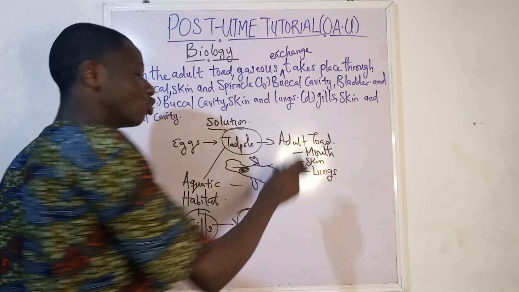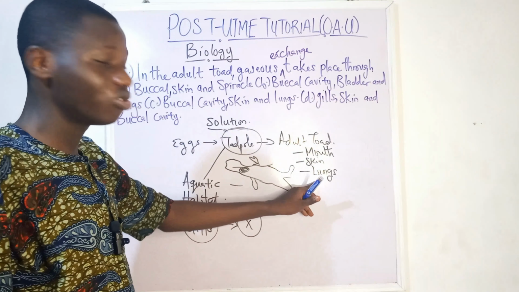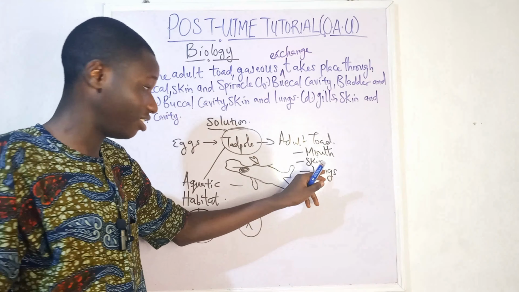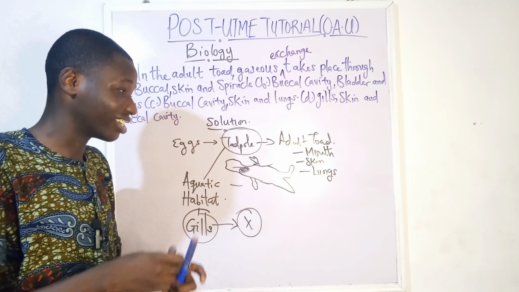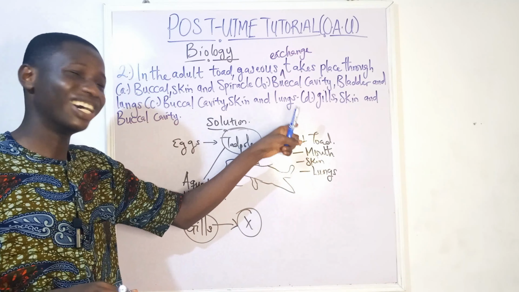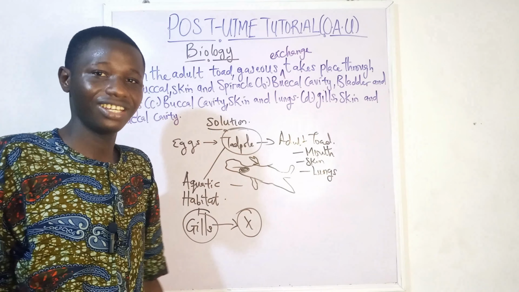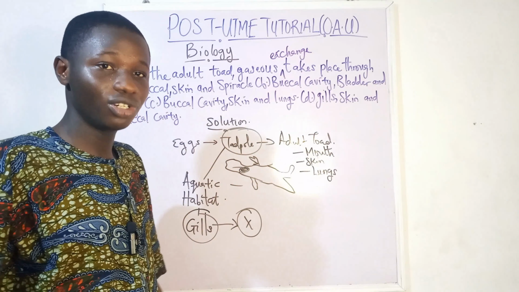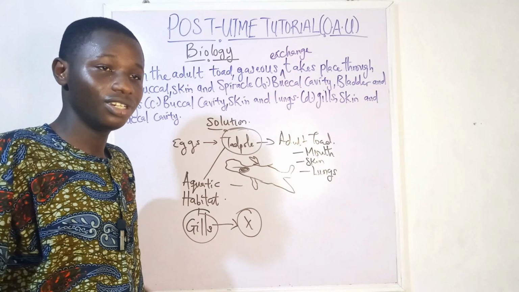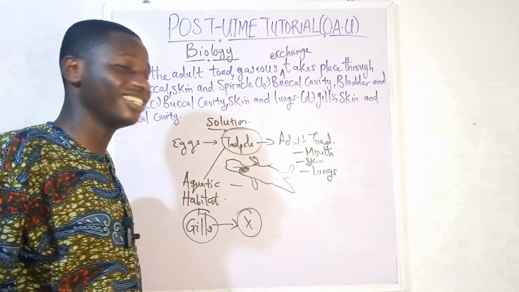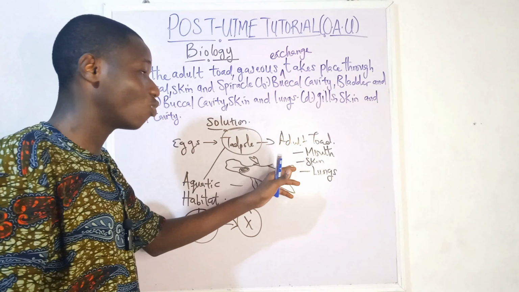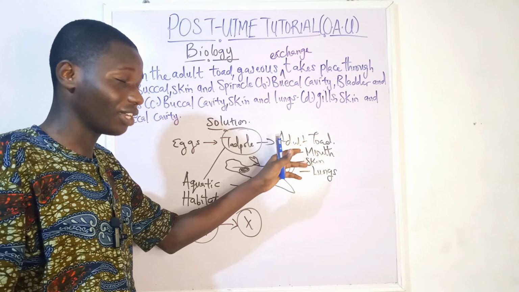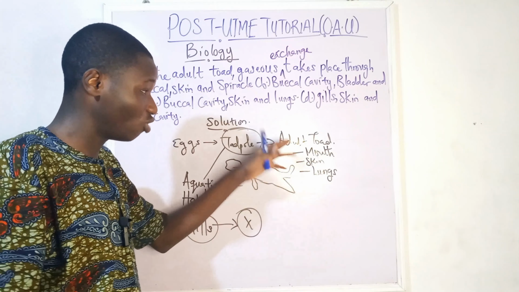Because the adult toad will be carrying out its gaseous exchange using the lungs, because the adult toad can now live on the land, right? Because the leg is developed, the hand is developed, the head is developed, every body part is developed, even the lungs is developed. So because of that, adult toad will be able to carry out gaseous exchange using what?